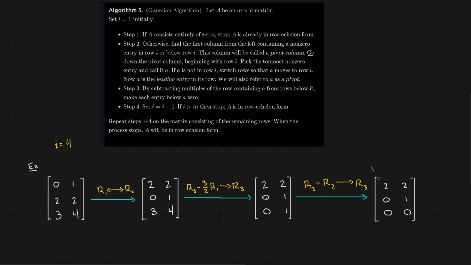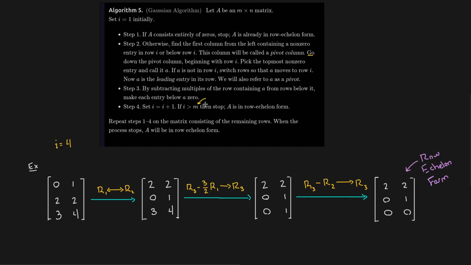And this is in row echelon form. And it is, right? We got that stair-step pattern. So this algorithm works. It actually gets us what we need. I would make one little correction.